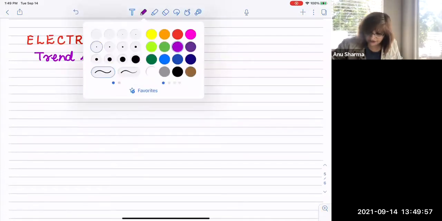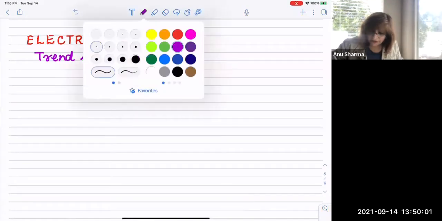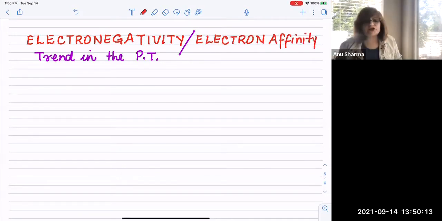In that trend, we see electronegativity also relates to electron affinity. Okay, electron affinity means love for electrons. So electron affinity and electronegativity, both of them are the same.